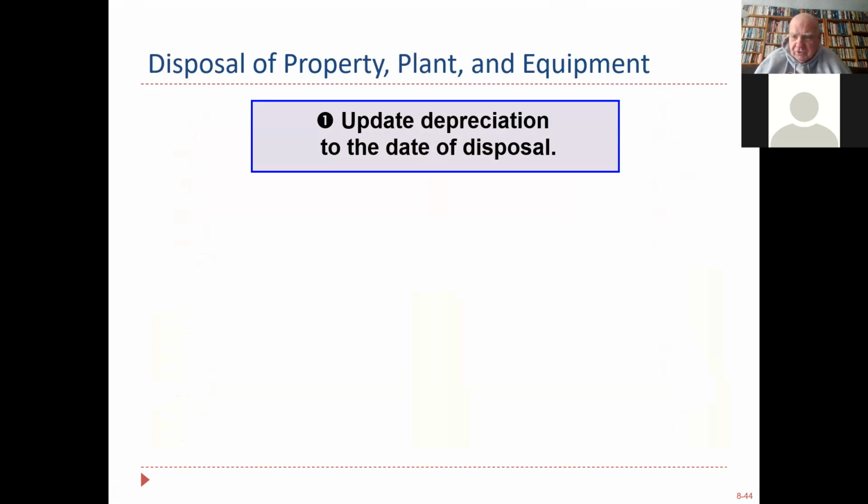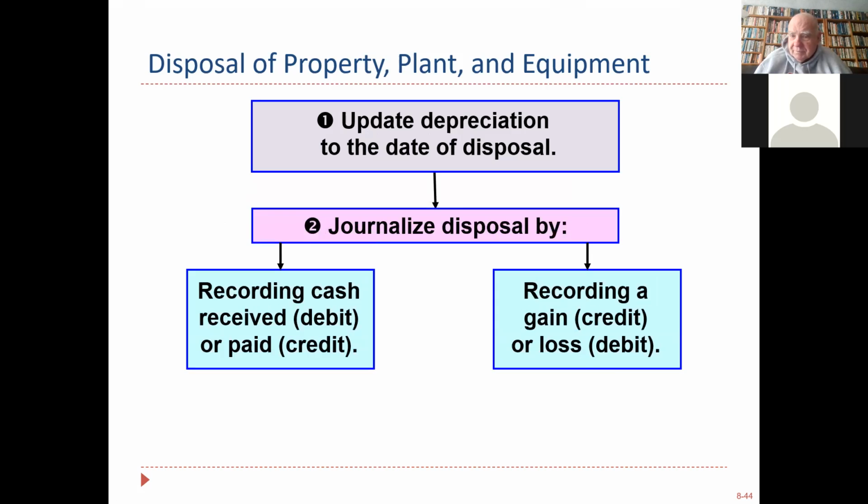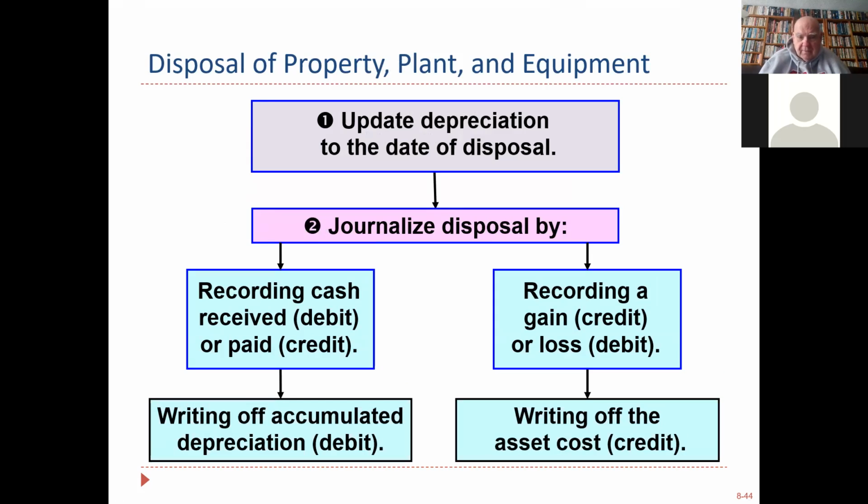Just like depreciation expense is always a debit to depreciation expense and a credit to accumulated depreciation, here our journal entry is going to be the same, probably 4 lines, okay? What we have to do is record the cash we received, and we have to remove the net book value from the balance sheet.